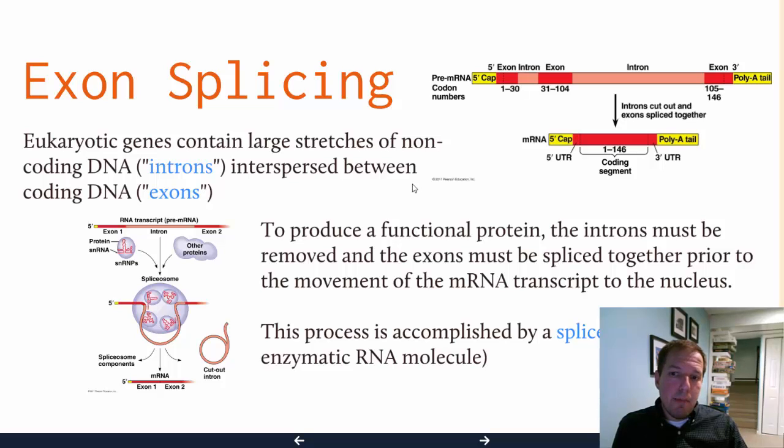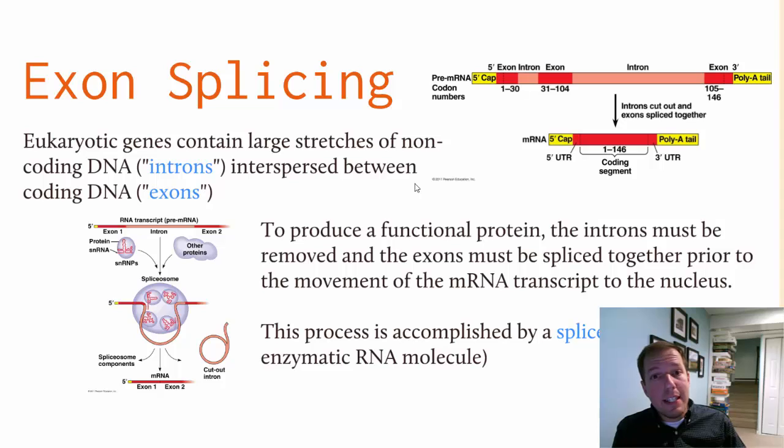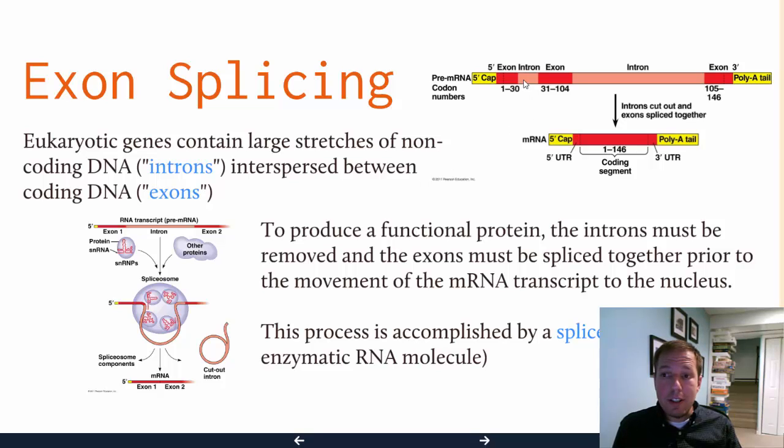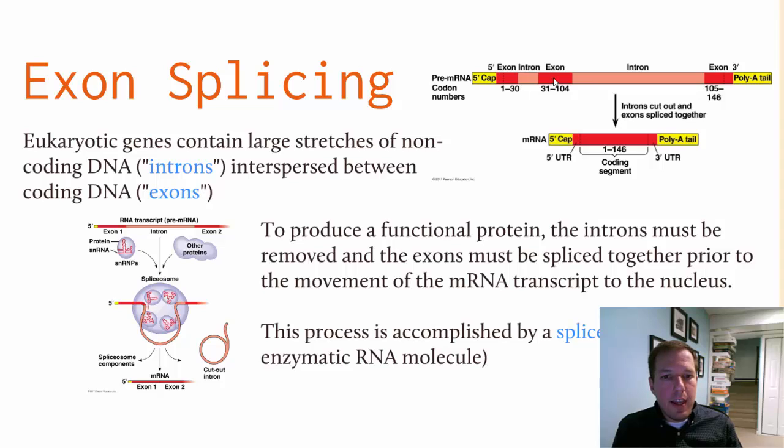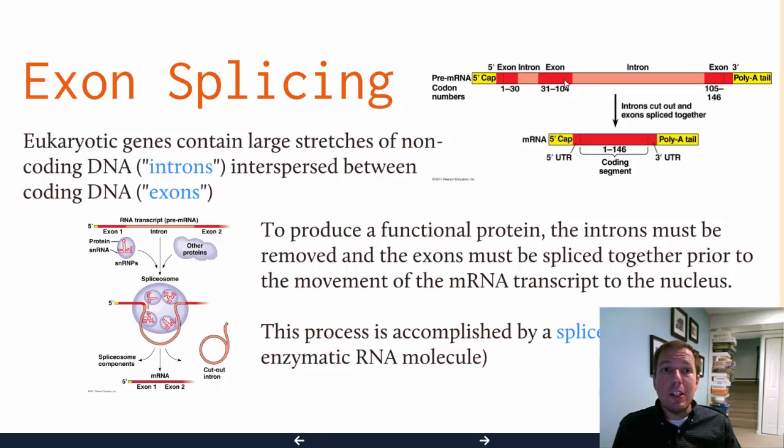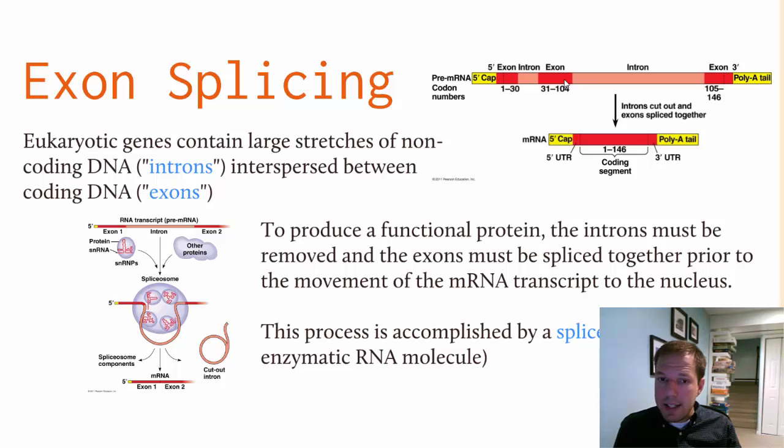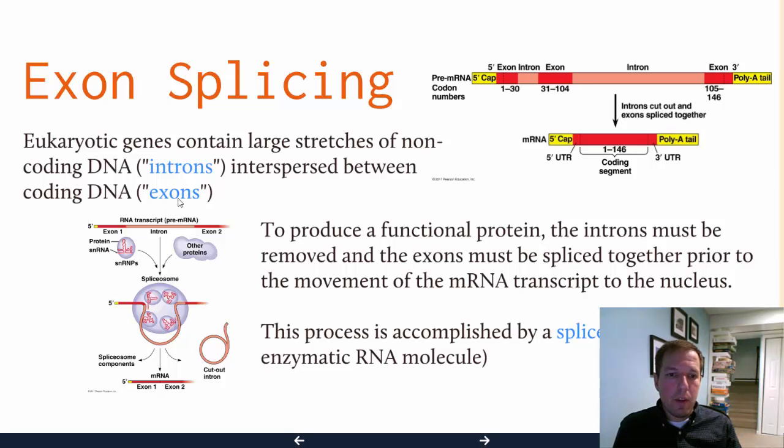Splicing is going to be the second important thing that's going to happen. A sequence of DNA is going to have these kind of alternating regions called introns and exons. The region that is going to be transcribed and should leave the nucleus and be translated is called the exon.